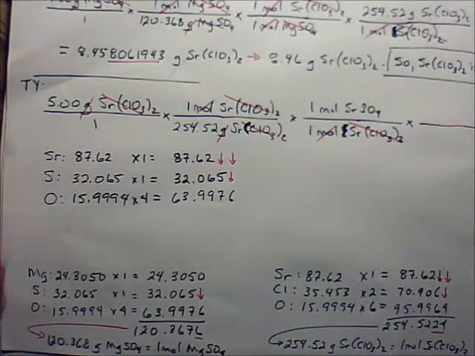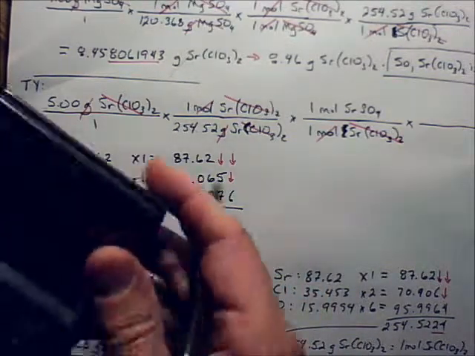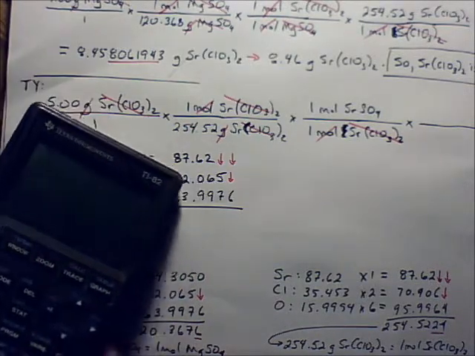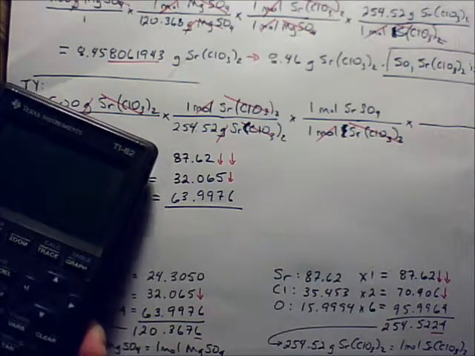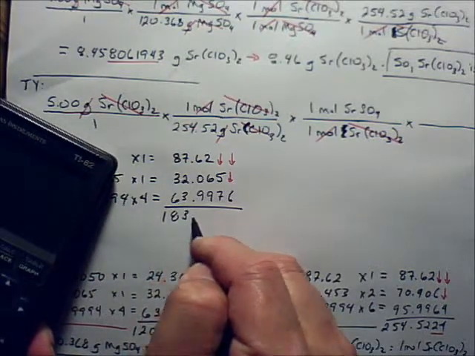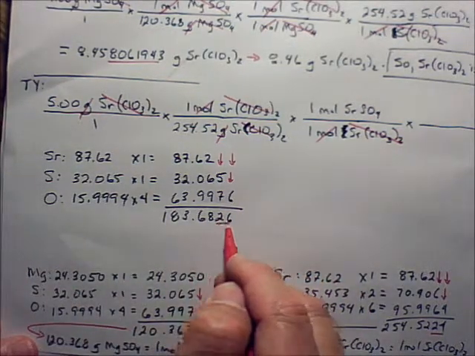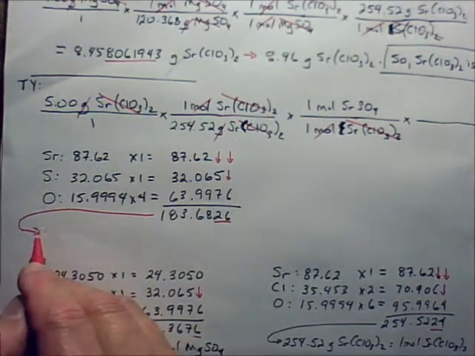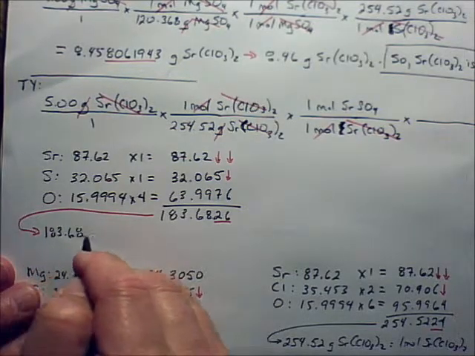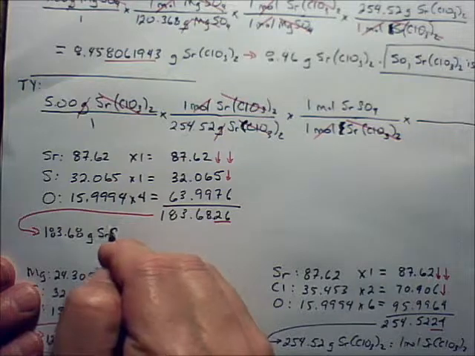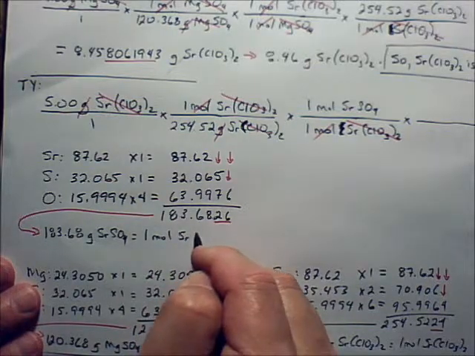So when we add it up, we need to round off so that we get rid of any digits that are resulting from those empty slots. .183.6826, and these two digits get rounded off because of the empty slots above them. 183.68 grams of strontium sulfate equals 1 mole of strontium sulfate.